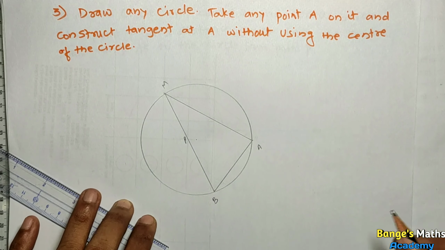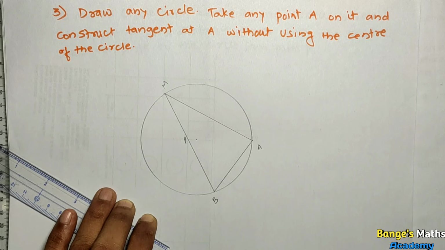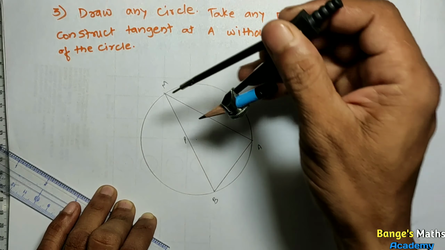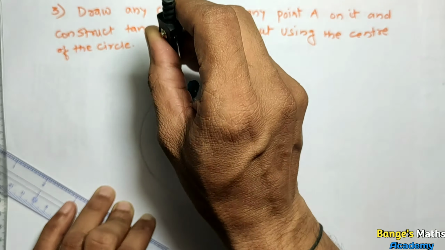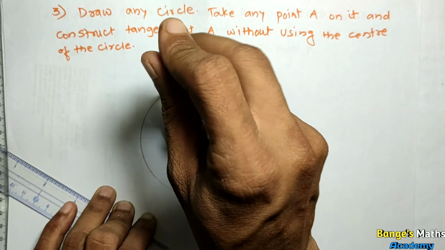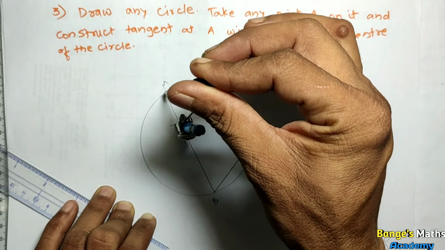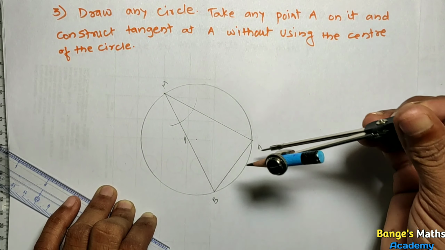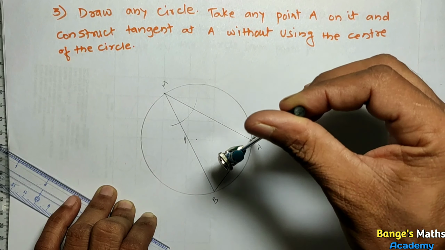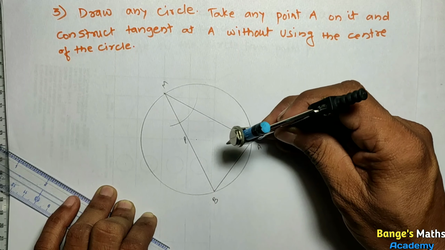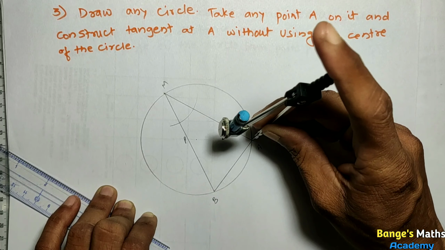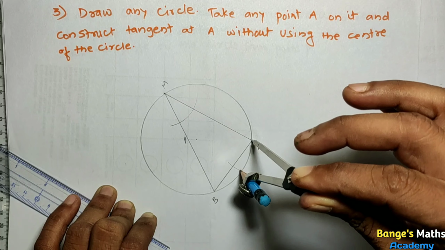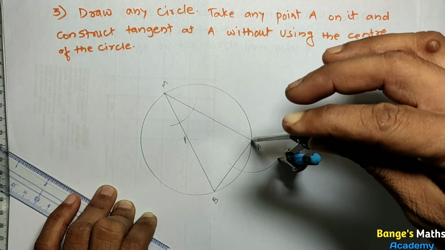See, we have to draw tangent passing through point A. Take suitable distance in your compass and put compass on point M and draw intersecting arcs to side MB and side MA. Keeping the distance same, put compass on point A and draw arc intersecting to side AB and extend to its lower side.